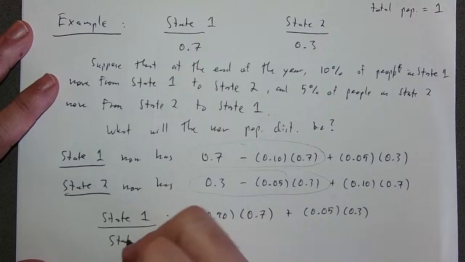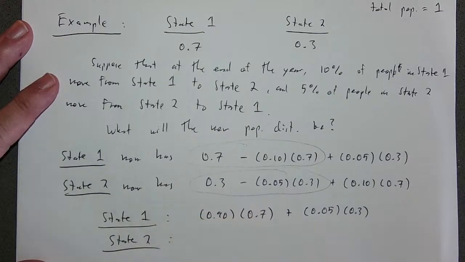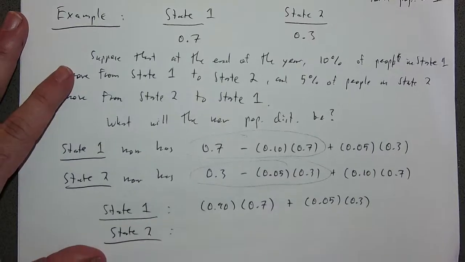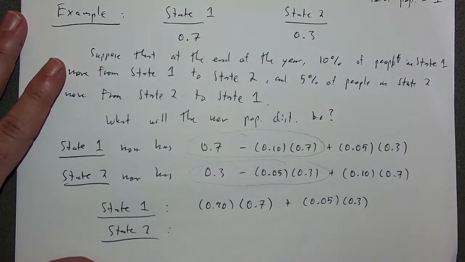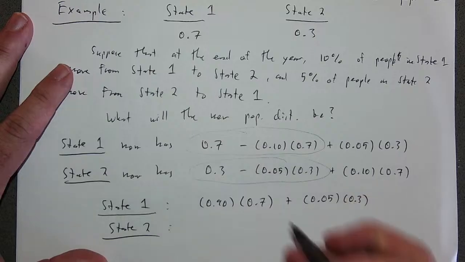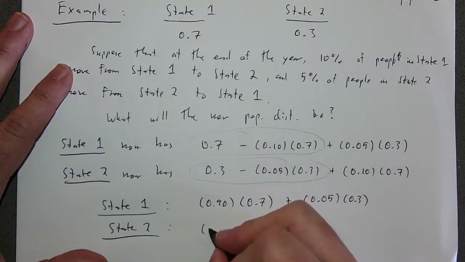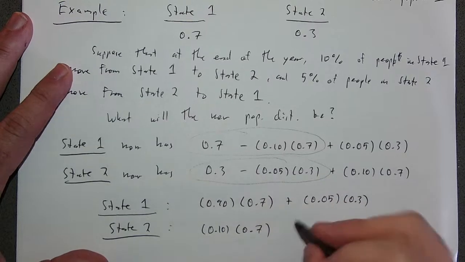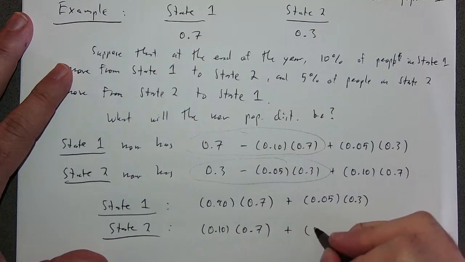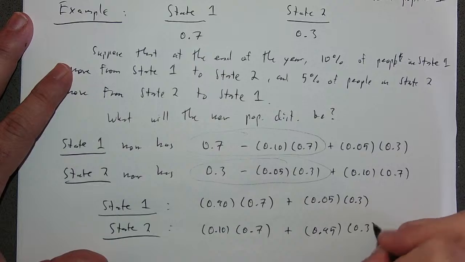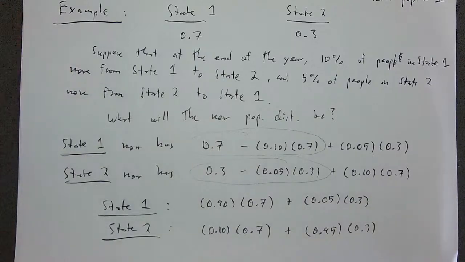And then for state 2, I have 10% of people coming from state 1, and then I have the 95% of people that stay in state 2.